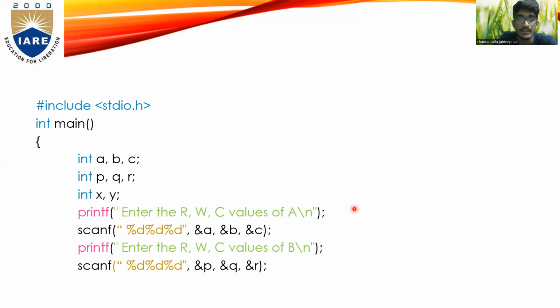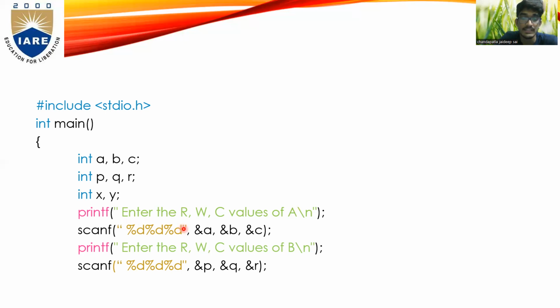After we use this print statement, we are using the scanf function. The scanf function is used to scan the values which we give, and it will store them in the address locations of the declared variables. Here we are using scanf, and we are also using the percentage d in the double quotes.